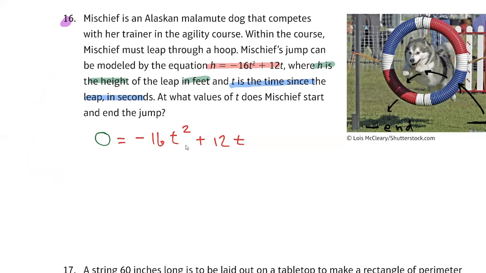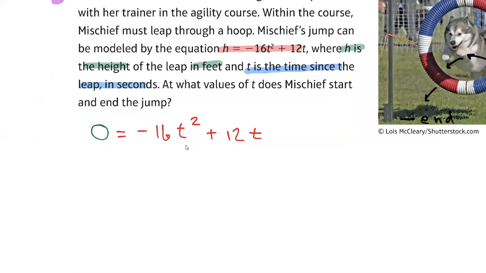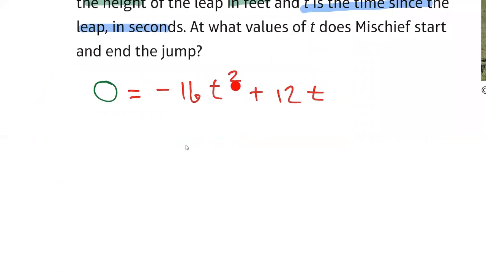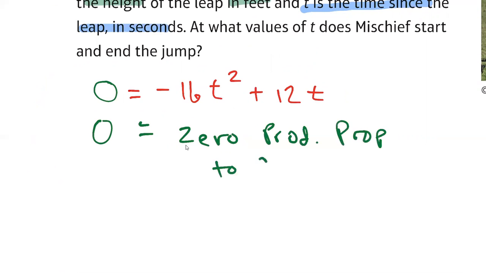So by replacing h with 0, we have taken a quadratic, a second power polynomial equation, and set it equal to 0, which is awesome because anytime an equation, specifically one with an exponent, is set equal to 0, we can use the zero product property to factor and solve.